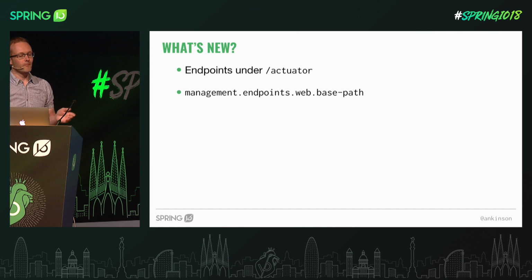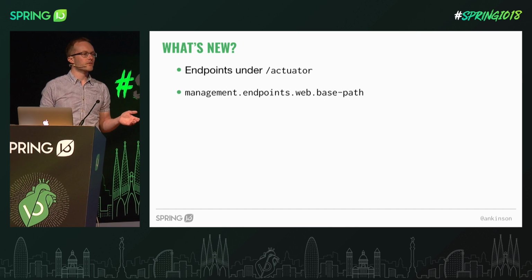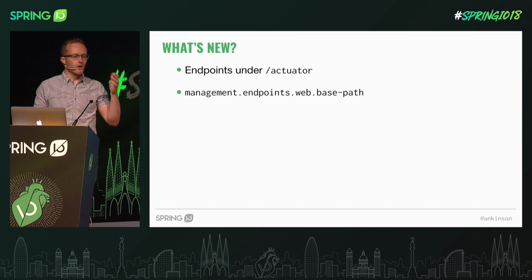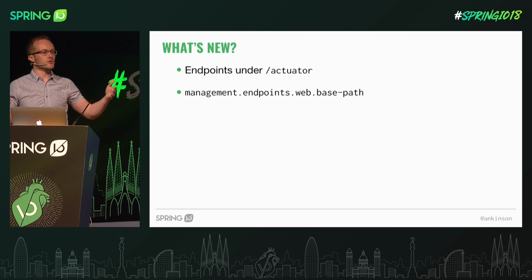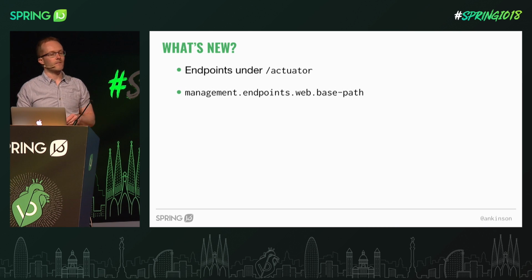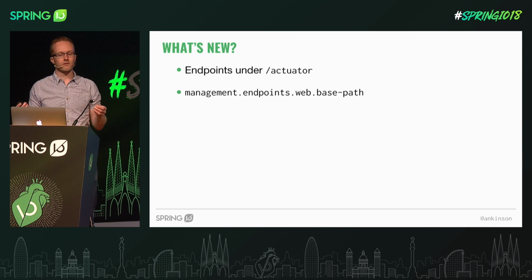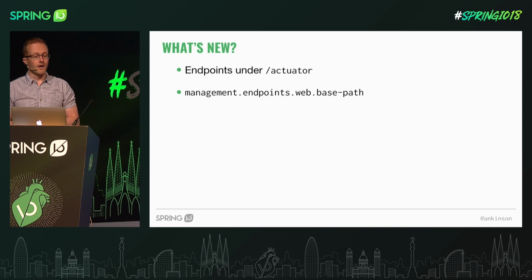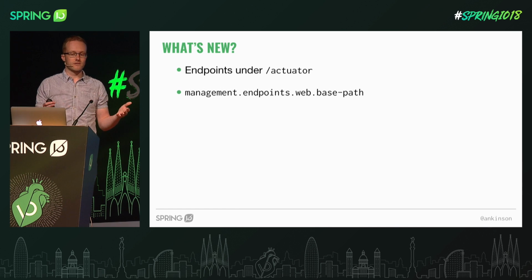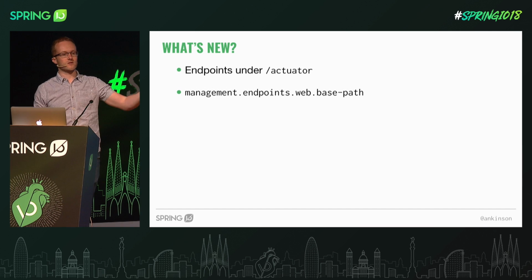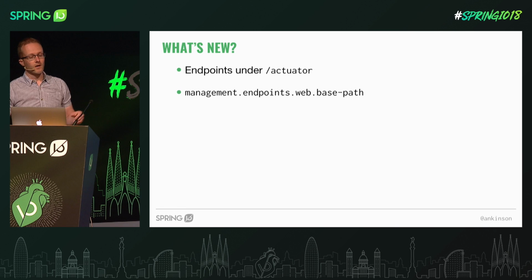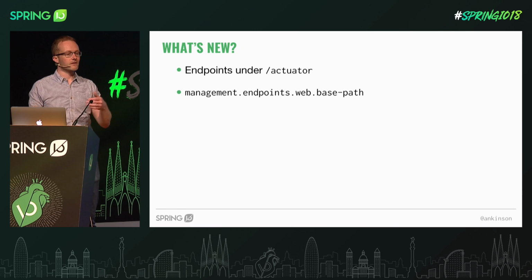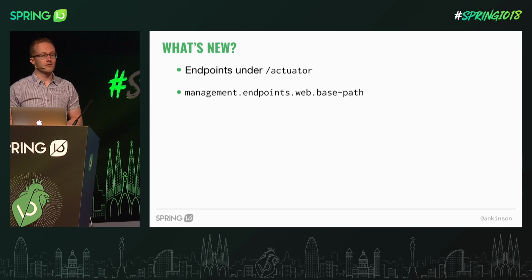If you want to move them back, we heard from a number of users who work in a reasonably large organization, and they have monitoring systems perhaps that needed health to be available at /health, for example. And they didn't want to have to tell the operations team, this is a Spring Boot 2 app, so you need to use this URL, whereas this is a Spring Boot 1.5 app, you need to use this one. So we've made it configurable so you can move everything back should you need to do so.